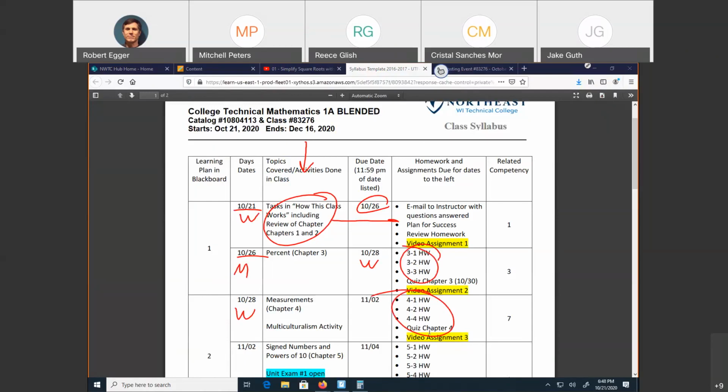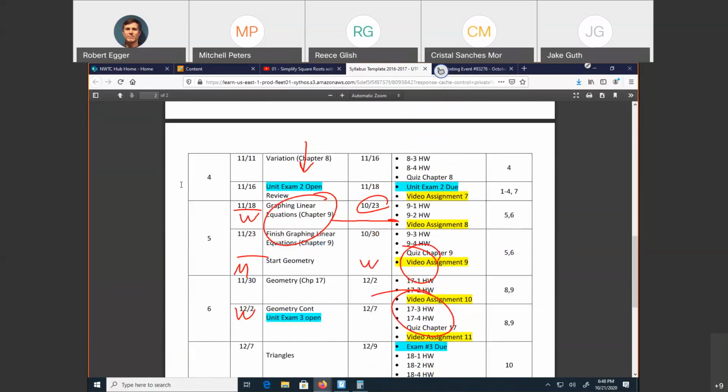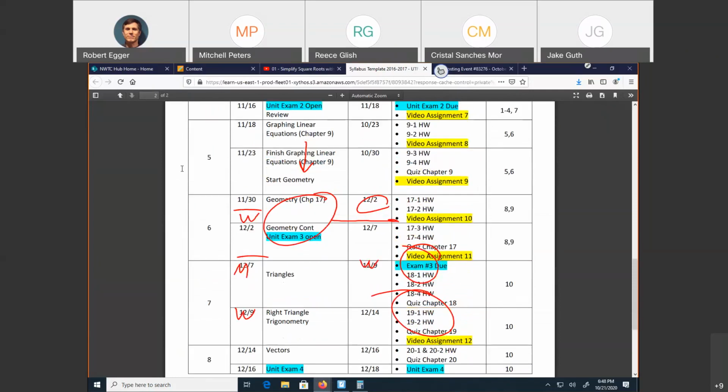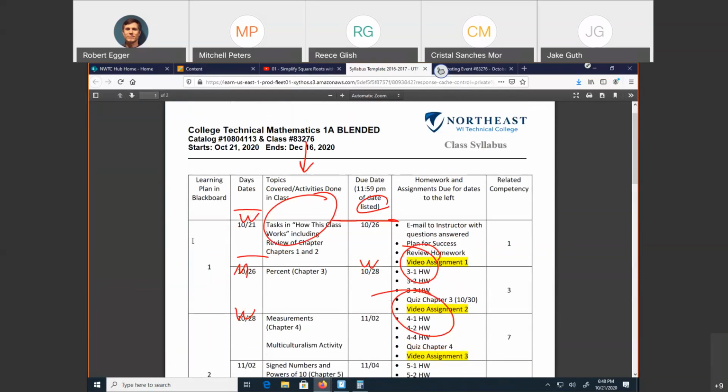Like I said, it's going to be a quick semester. It's only 8 weeks. So we only meet twice a week, excuse me. So there's going to be a fair amount of work that needs to be done outside of class, being a blended class.